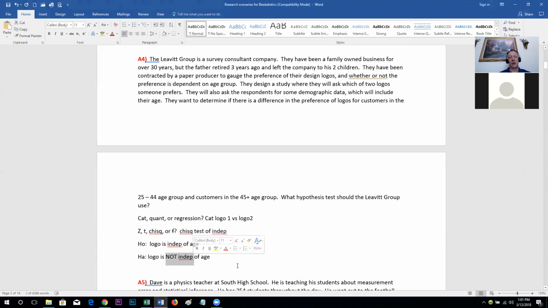Okay. And so it will never be that it's dependent, because, for example, is education level independent of gender? Well, it could be there's some other lurking variables.